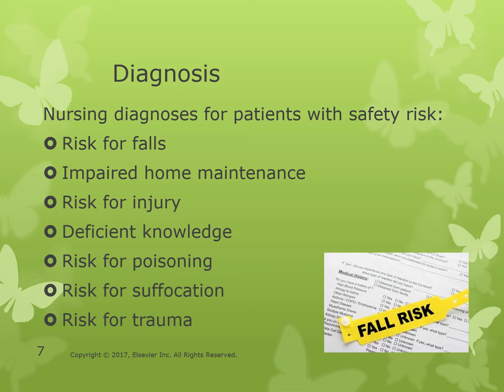For instance, the risk for falls. What makes these patients at risk for falls? Well, older than 75, or maybe use of a walker, or maybe they're confused. Also, look at the one for risk for injury. We could choose that for a patient that's confused, trying to remove their urinary catheter, for instance. That might be a good indication they're at risk for injury.